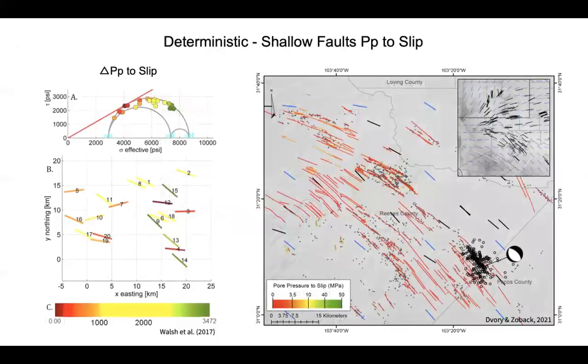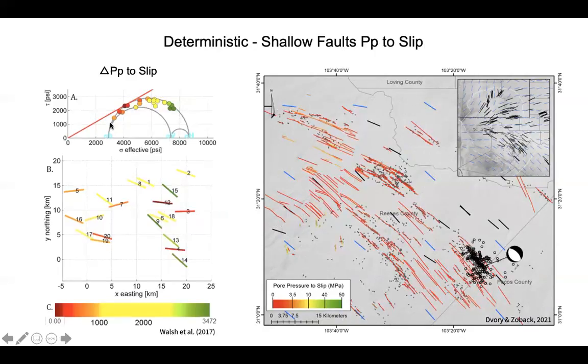There are two approaches in the code. One is the deterministic, and the other is probabilistic. Let's look at the deterministic approach. And what you can see here is that when you enter the data, you can actually see what is the pore pressure to slip. And we've got two examples here.